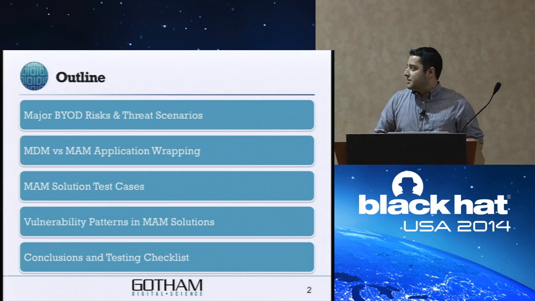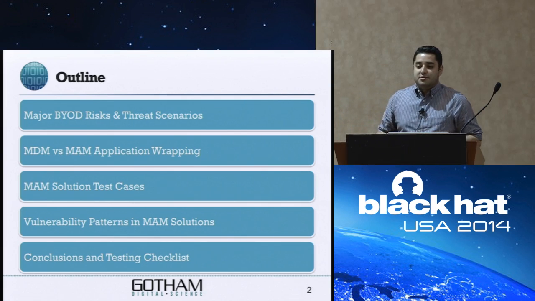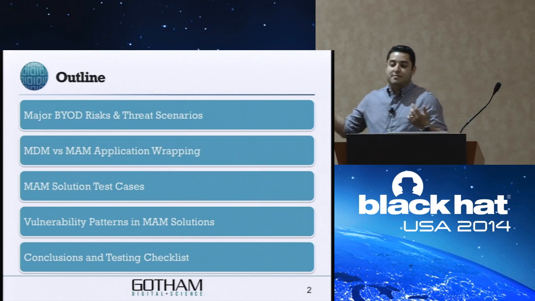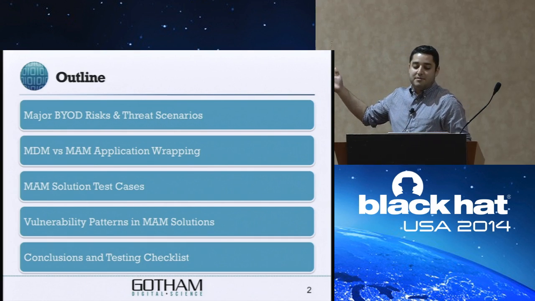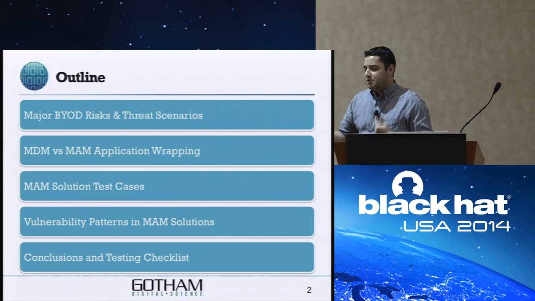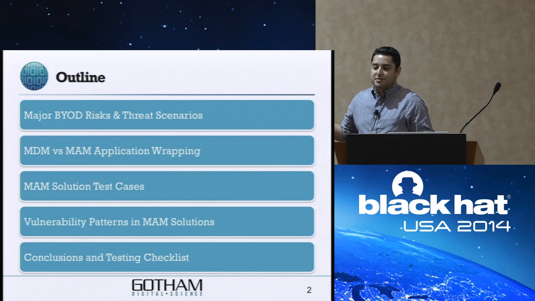Then we do a quick comparison of, there's typically two approaches to BYOD. There's MDM and MAM. MDM is mobile device management, and then there's MAM, mobile application management. We'll compare and contrast on why does MAM exist? What are some of the use cases for it?